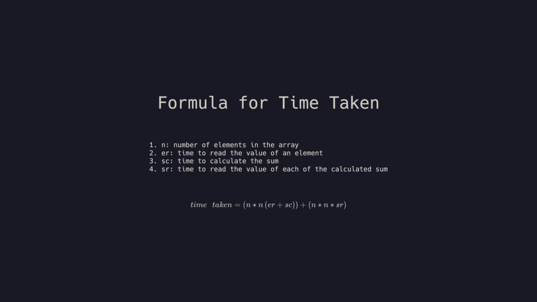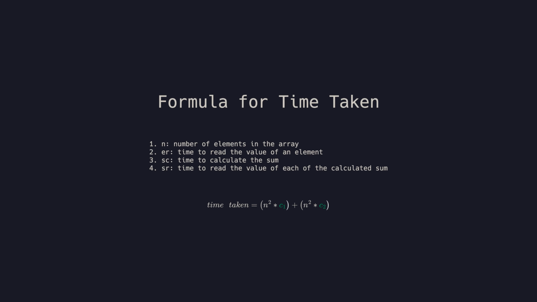As we have seen with prior algorithms, er, sc and sr can be considered as constant. We can update our formula as n square times a constant c1 plus n square times a constant c2.